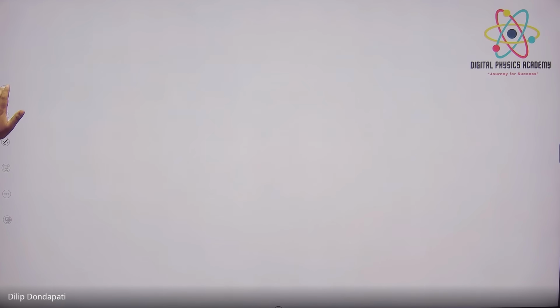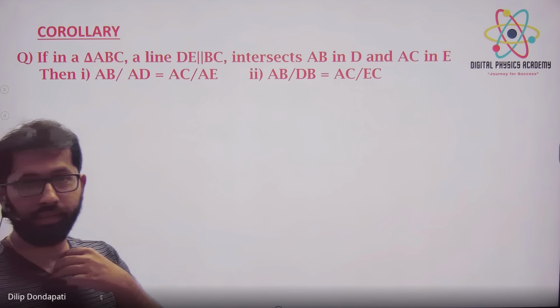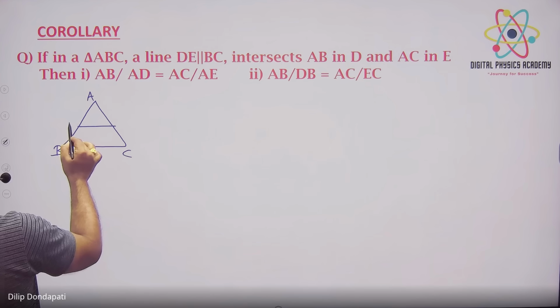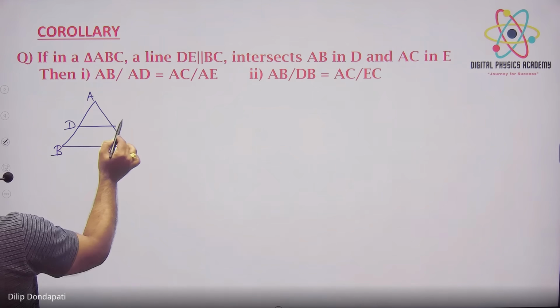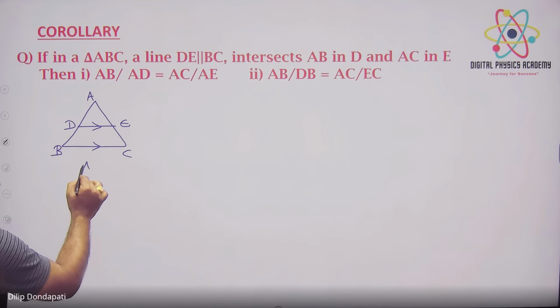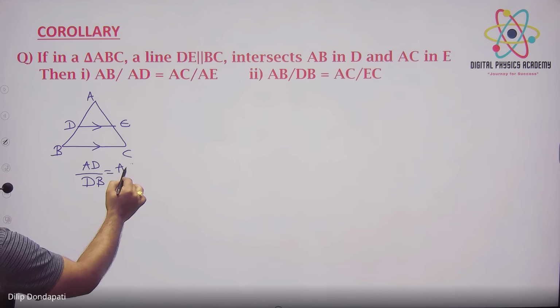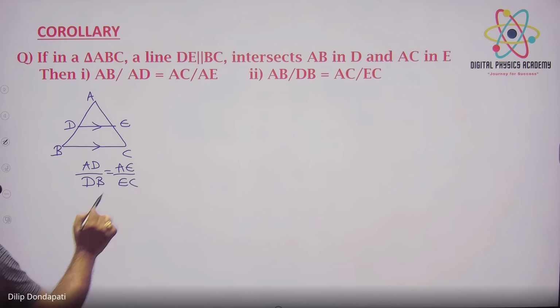चलो. Now here understand a corollary बोलते हैं. देखो, tell me this is also true. देखो, A, B, C, this is D. What I told, whenever they are parallel, what is the condition we know? We know AD by DB is equal to AE by EC.